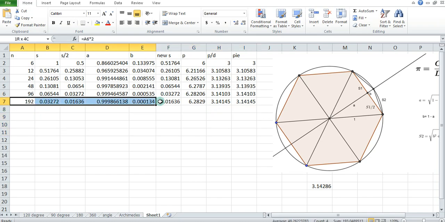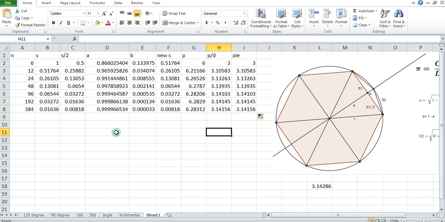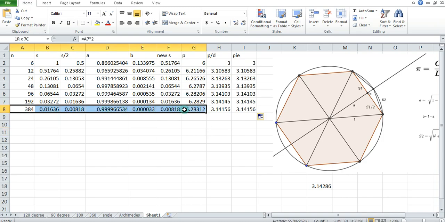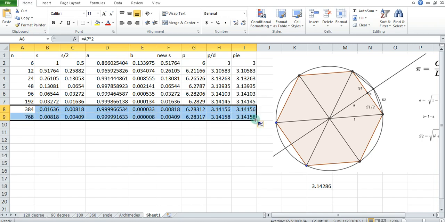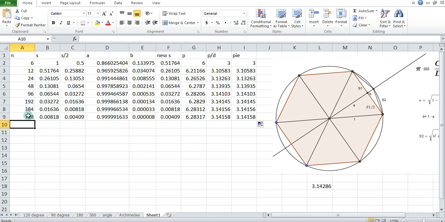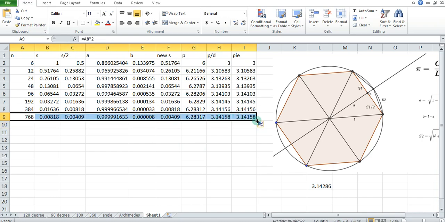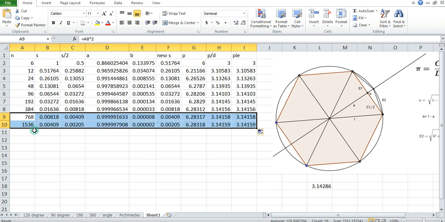Here the number of sides is 384, and here 768, 1536 sides polygon.